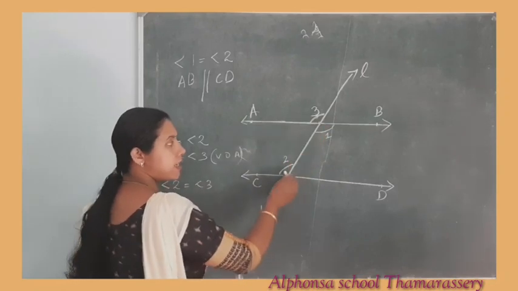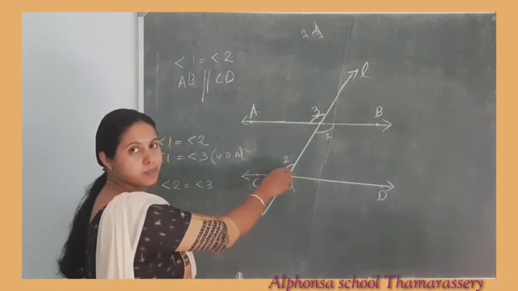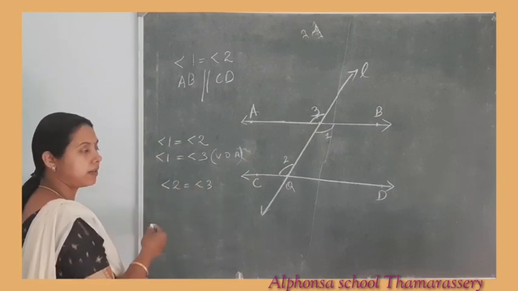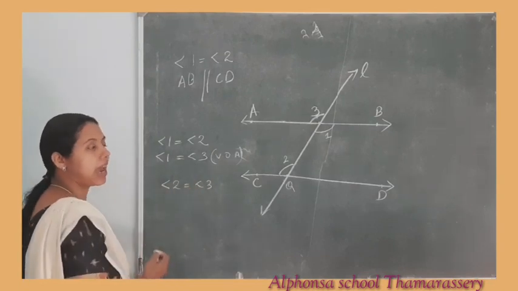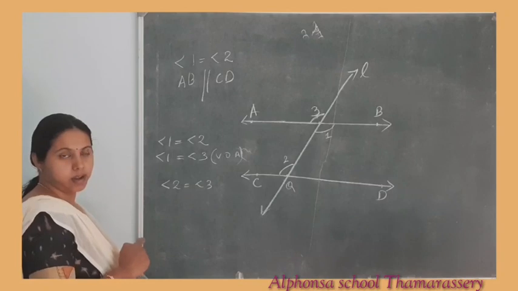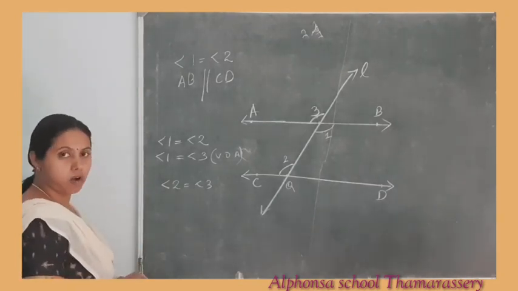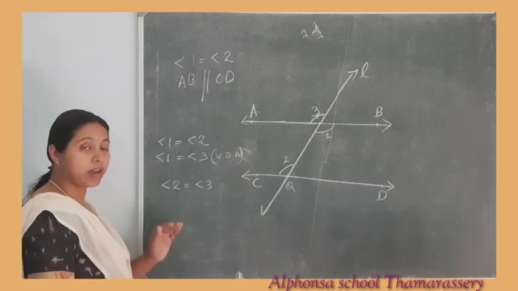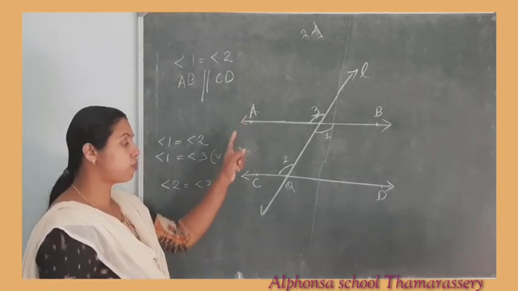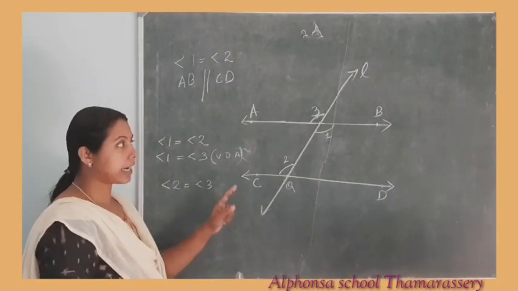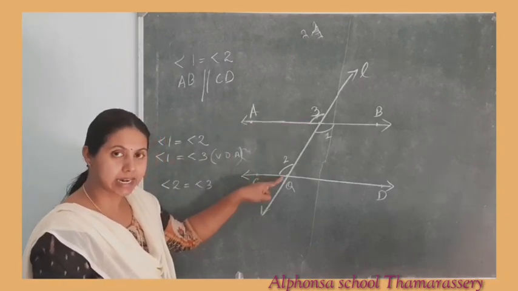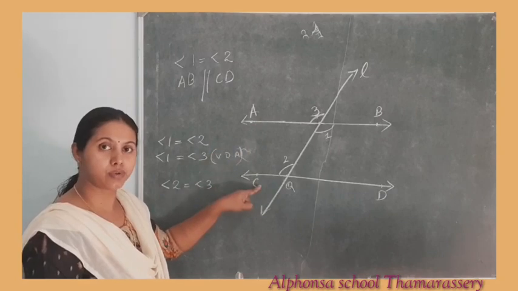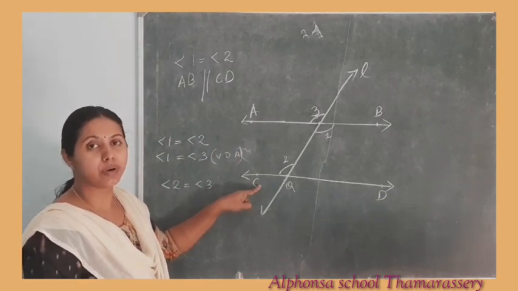What type of angles are these two? They are corresponding angles. Now we proved that angle 2 is equal to angle 3. That means the corresponding angles are equal. So by using the converse of the corresponding angles axiom, if a transversal intersects two lines such that a pair of corresponding angles is equal, then the two lines are parallel to each other.